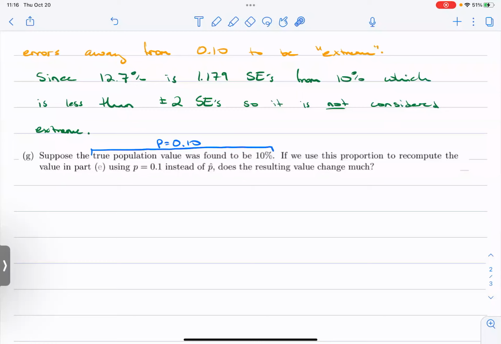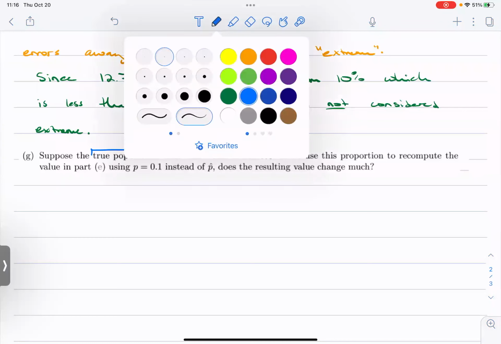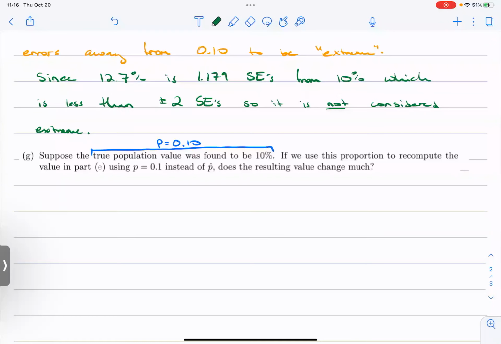So we replaced it with P hat and we've been told it's fine, but let's have a look and see what the change would be. Let's do them side by side using P hat and using P, P hat equal to 0.127 or P equal to 0.10.